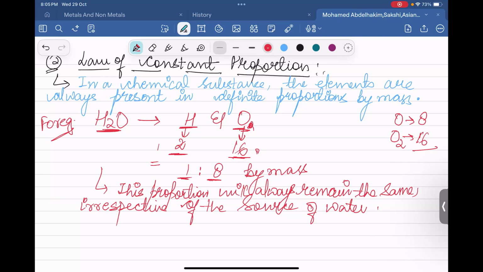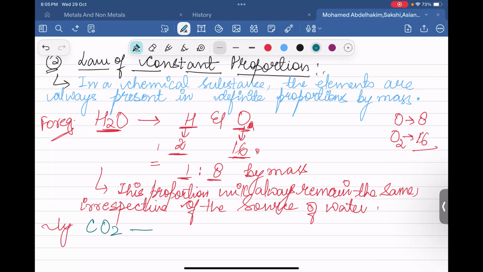Similarly, we have another example: carbon dioxide, CO2.